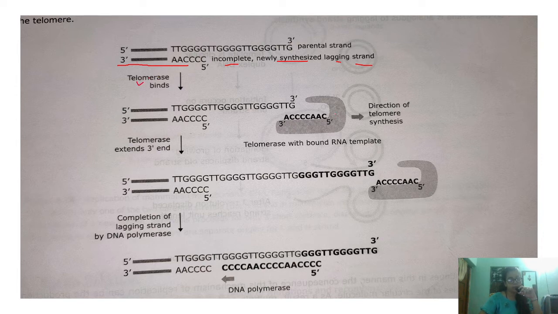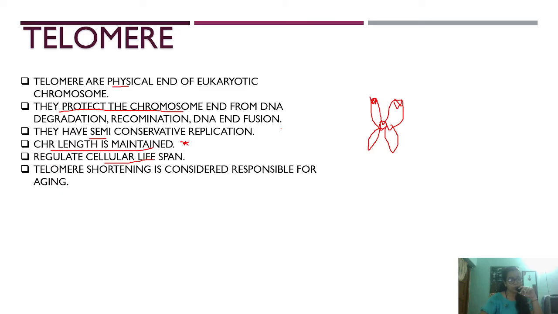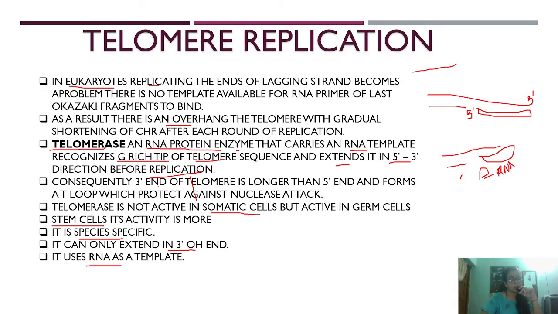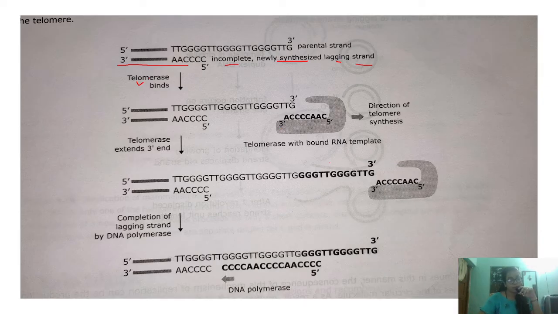The telomerase enzyme moves in what direction? I have told you, from the 5 prime to the 3 prime direction. It will extend from 5 prime to 3 prime. You can see here, from this side, the direction of telomerase synthesis. From this direction the synthesis will take place.